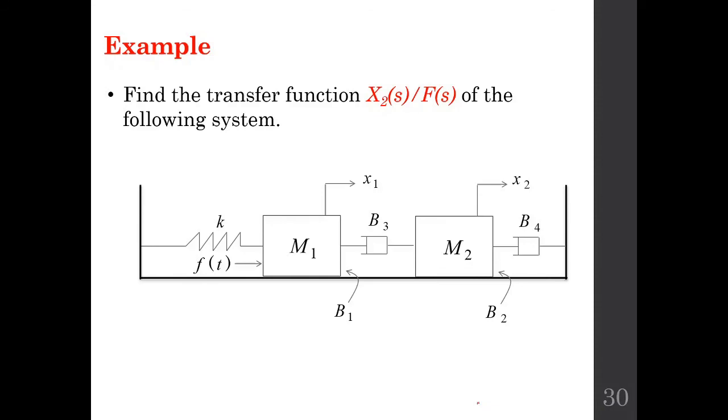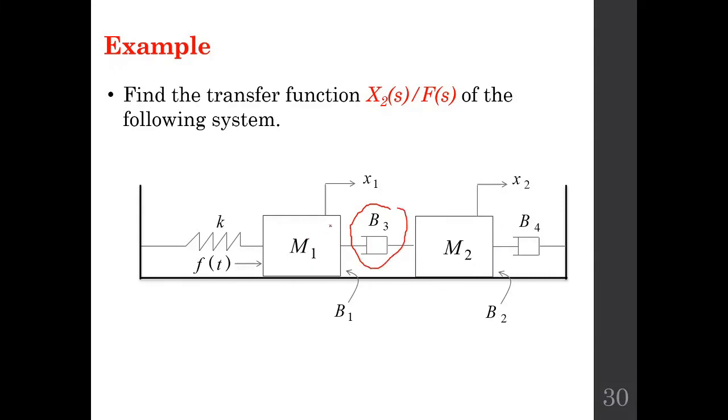Okay, it is the same as the previous one, although it is a little bit different. So you have two bodies, m1 and m2. You need to keep in mind that this m1 body is connected with this spring k. The applied force is f of t. It is also connected to this dashpot device B3.